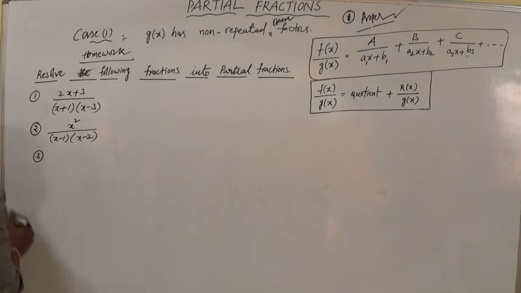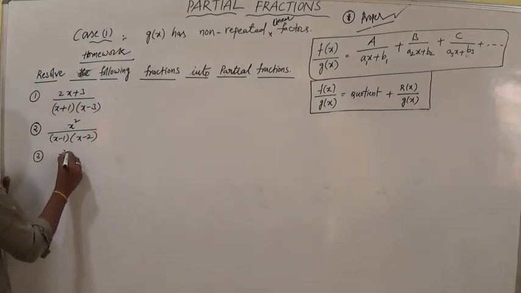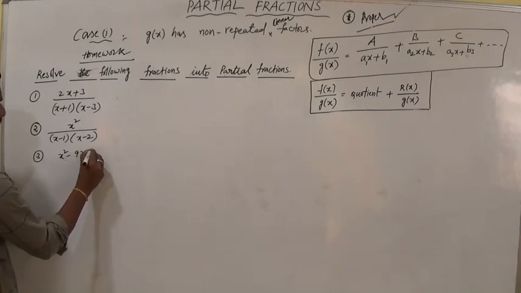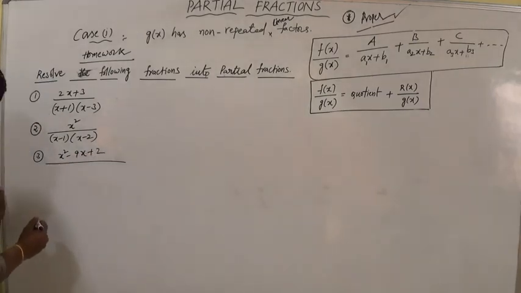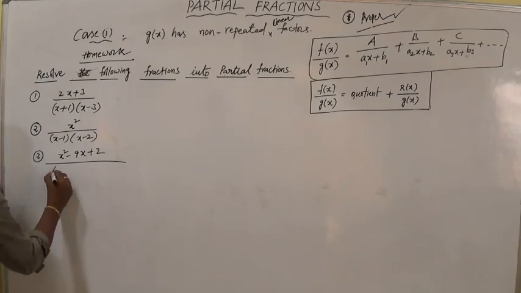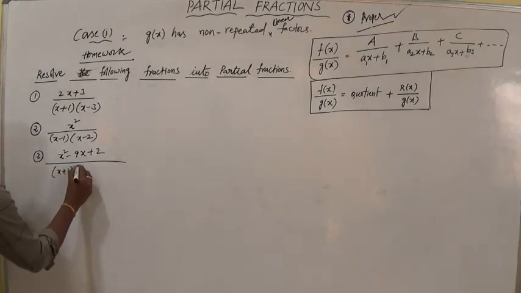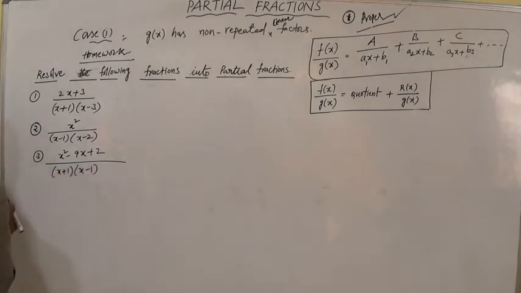Third problem, x square minus 9x plus 2 by x plus 1 into x minus 1 into x minus 2.